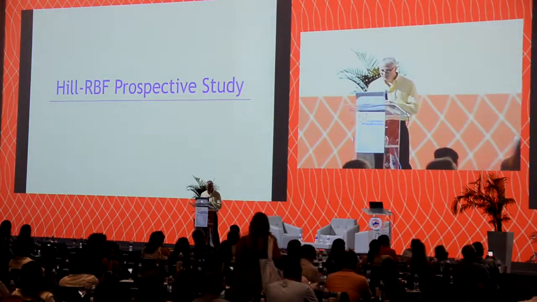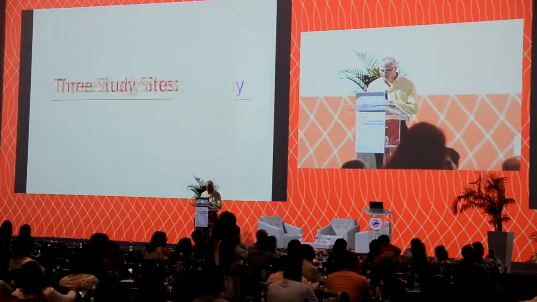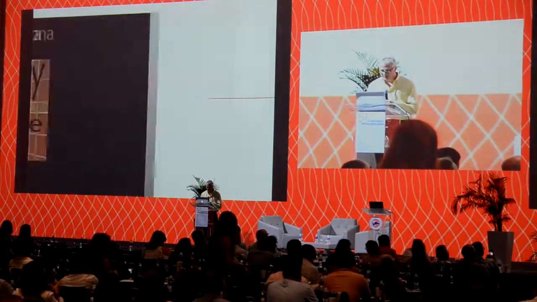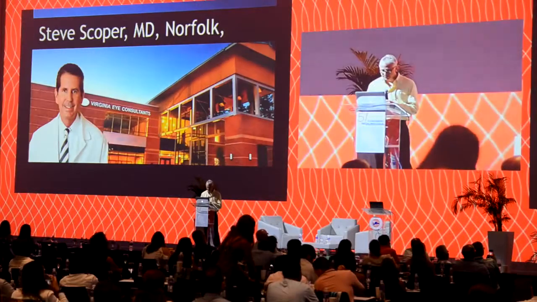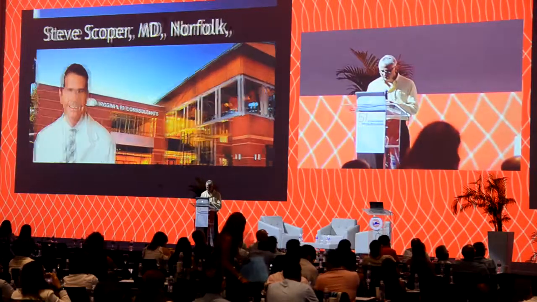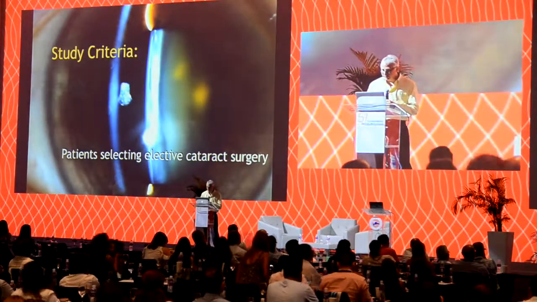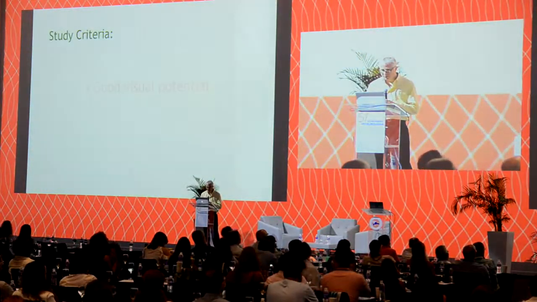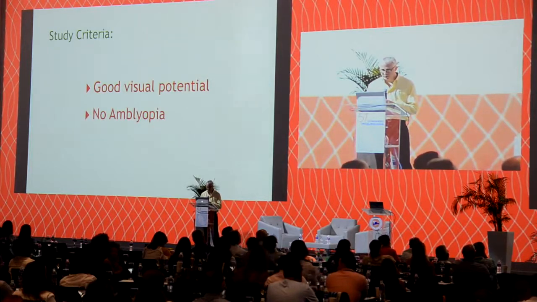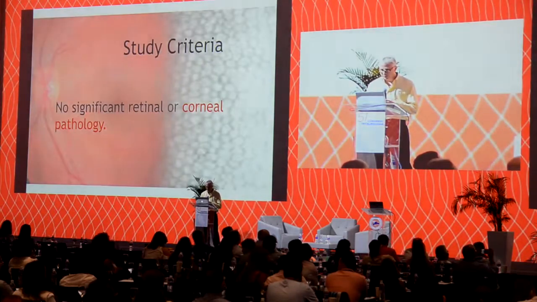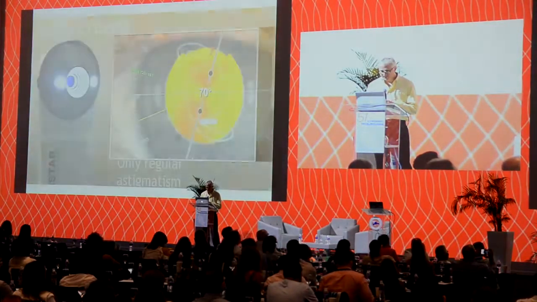So we looked at a prospective study with the Hill RBF initial database, and we had 3 study sites. One was Dr. Hill's site, one was Dr. Scoper's site in Norfolk, Virginia, and Cincinnati Eye Institute. So study criteria, we looked at patients who were having elective cataract surgery. They had to have good visual potential, no amblyopia. They had to have good retinas, good corneas.